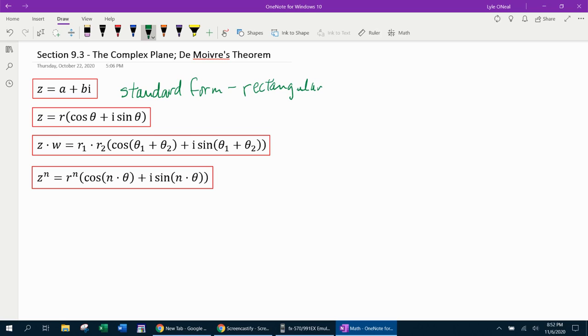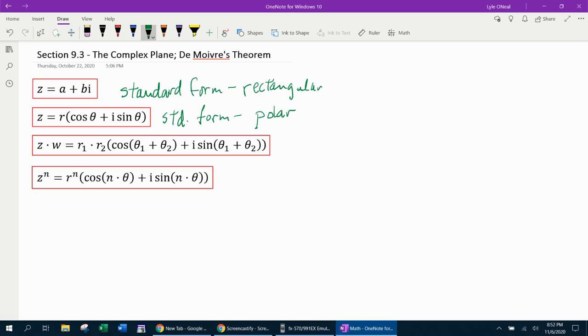The second formula is also the standard form, and I'm going to abbreviate that this time. Standard form, but this is polar form. So we have two standard forms of a complex number. We've got rectangular form and polar form.